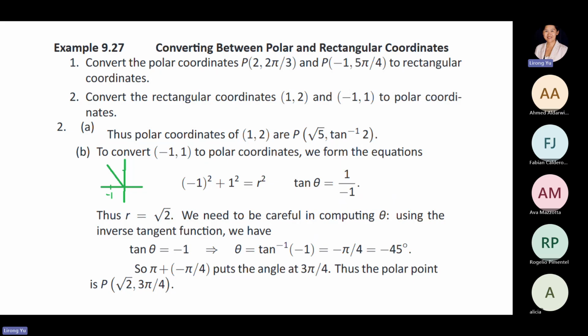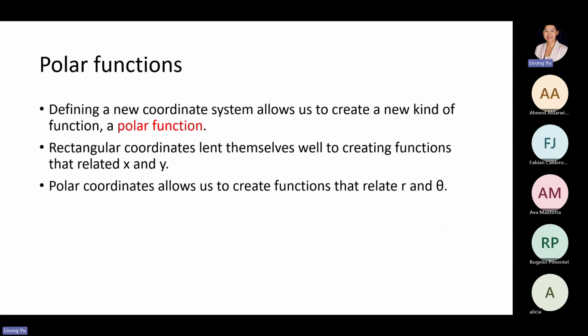To make it into the second quadrant, you have to add pi or add 180 degrees. So -45 plus 180 is 135 degrees or 3 pi over 4. So that's how we determine the angle. Like I said, to determine the polar coordinate, you have to find the right angle, and the angle has to depend on the quadrant. Let's keep that in mind.